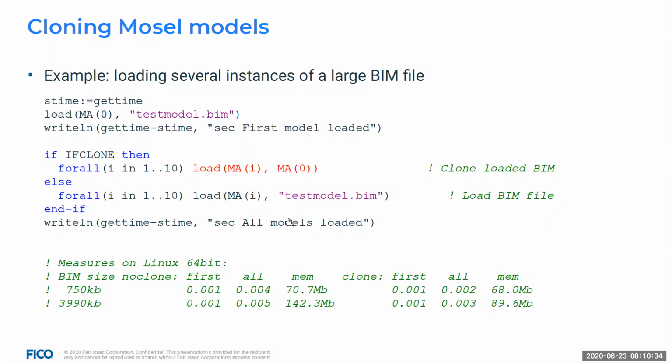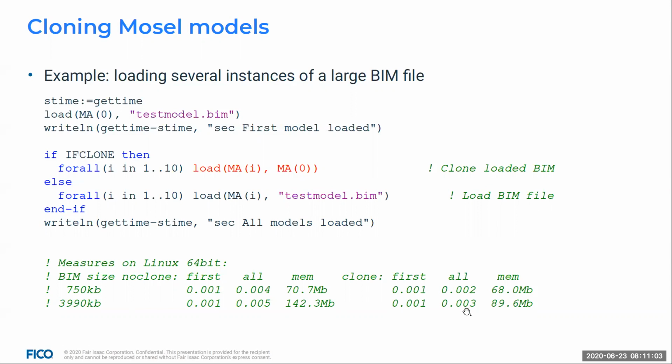Now, there is, of course, an effect on speed, shown on this slide. So here I have two examples with relatively large BIM files. One was 750 kilobytes and the other one was almost 4 megabytes of BIM file, which is quite large actually. Most models are considerably smaller. But the first one is almost not measurable in terms of time. The others are also very small times.